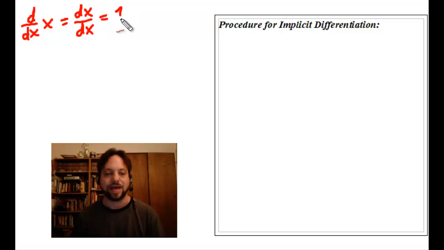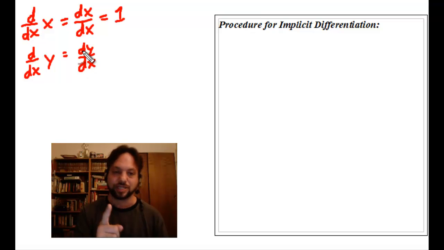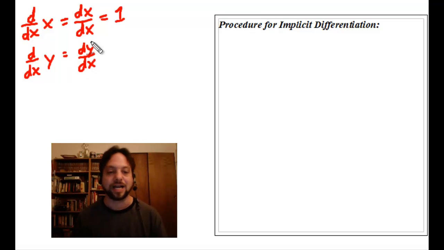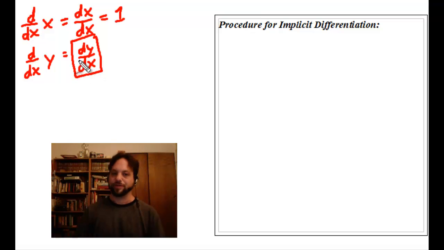And you can see how that would give us 1. However, if we're trying to differentiate y with respect to x, we're not going to get this dx thing. This time we're going to get a dy dx, and that does not reduce down. In fact, more often than not, that is the derivative that we're looking for. This is the change in y over the change in x, or slope, or rate of change, or derivative.